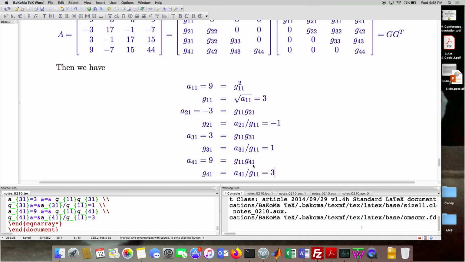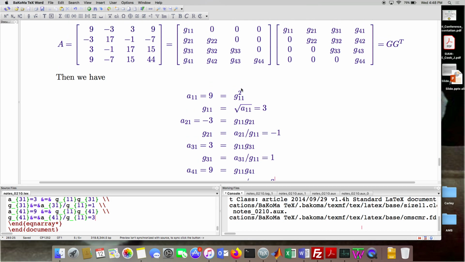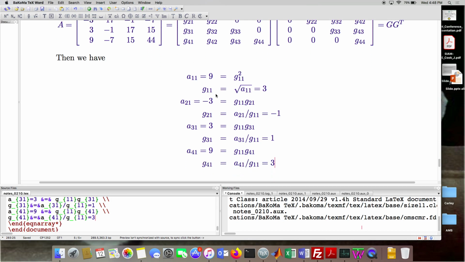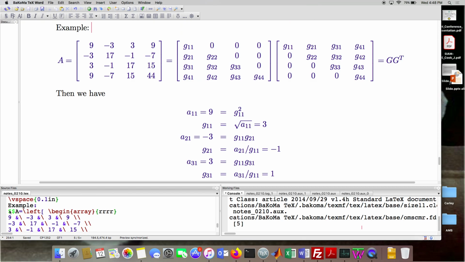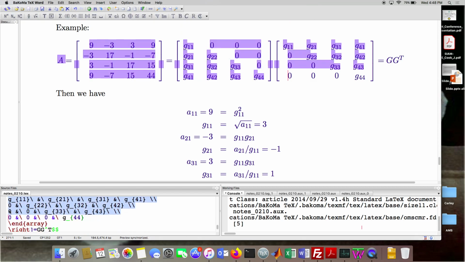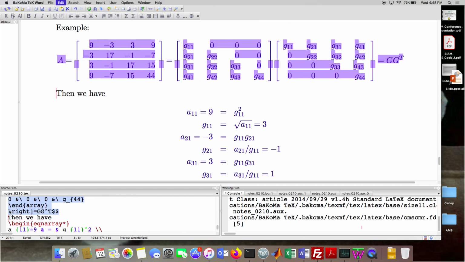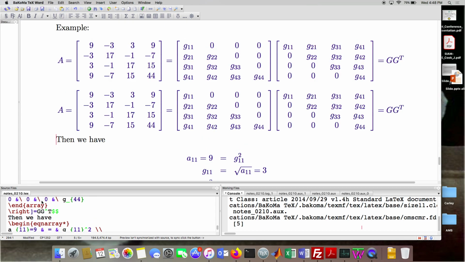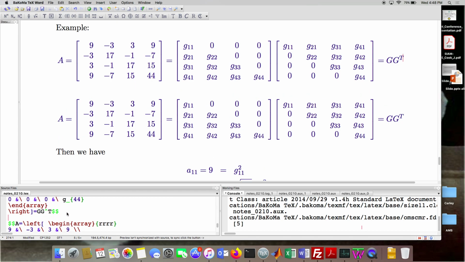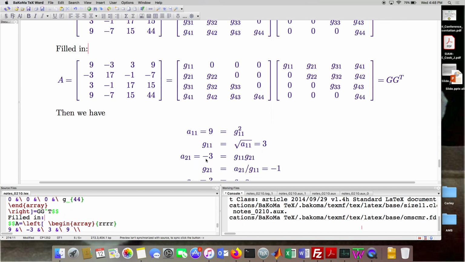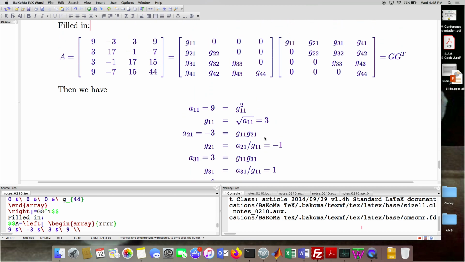Okay. So now the first column of G is filled in. So in fact, I'm going to make a copy of this equation. All right, so we have 3, -1, 1, and 3.